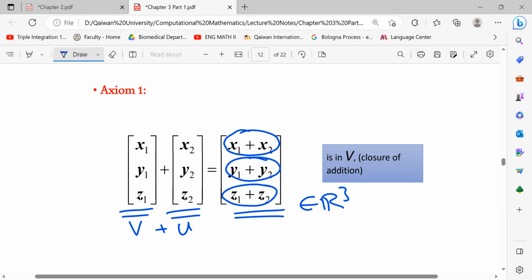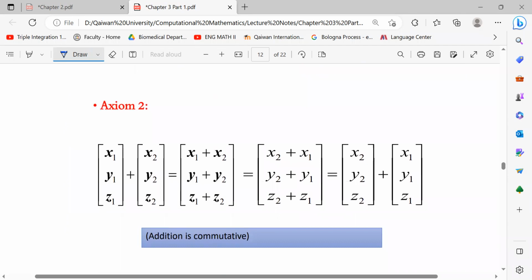That means it is in R3. Okay? The number of entries decides which R it is in: R2, R3, or Rn. So we have 3 entries. That means it's in R3. That means V is closed under addition.